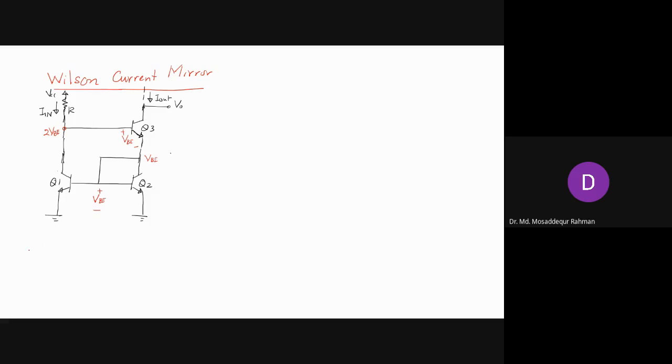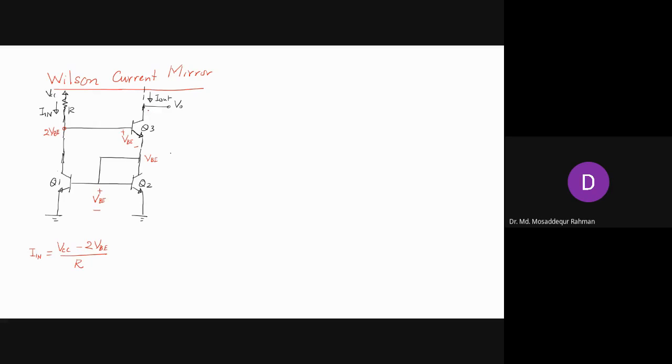So in this case, your input current is VCC minus 2 VBE divided by R. That is the same as what we got for the cascode current mirrors, a similar expression.